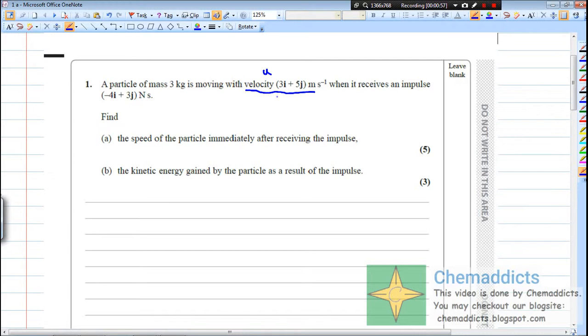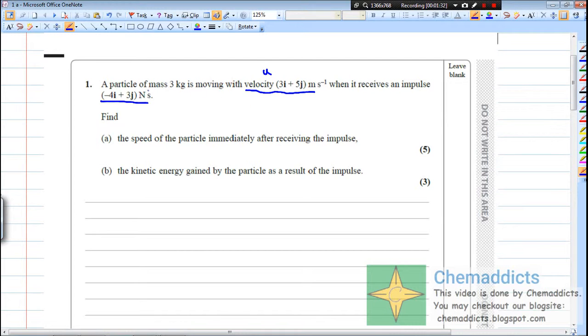As you can see here, the velocities are written in vector form. It's not a big deal. When it receives an impulse of this.